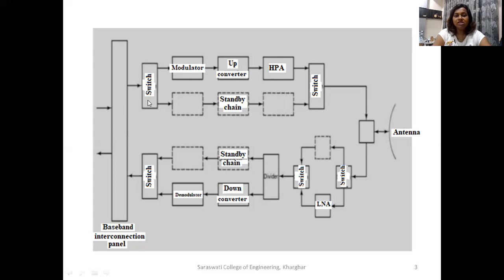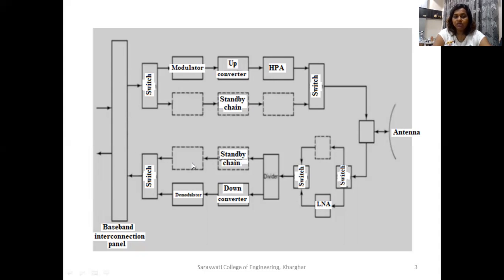Now what is the use of this switch? For example, in the transmission link, if the up converter fails, the link will break. To avoid it, this switch will sense the failure of the up converter and give the command, so that we can use the standby up converter, which is there as a redundant unit.